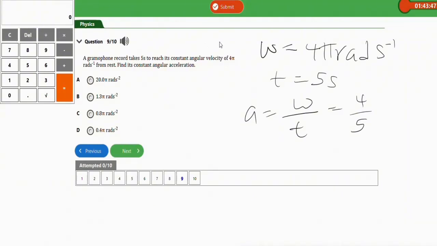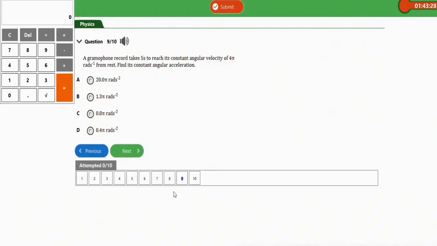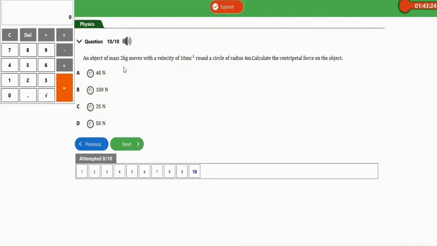Okay, so lastly, let's wipe this and solve the last repeated question. It says an object of mass 2 kg moves with a velocity of 10 meters per second around a circle of radius 4 meters. Calculate the centripetal force on the object.